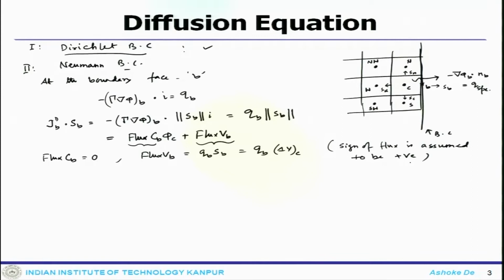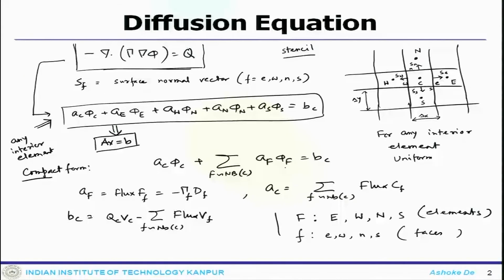Now, this equation of the QB or the information of the QB could be directly included in the system, directly imposed in this particular equation, and what we can get.